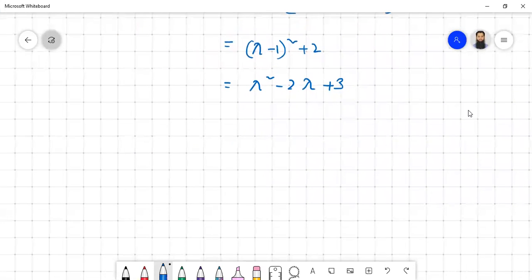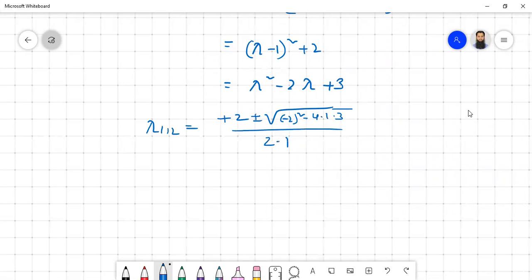Now applying the quadratic solution for lambda 1, 2, that is minus b plus minus root of b square minus 4ac divided by 2a, so basically 2 plus minus root of minus 8 by 2. So 4 can be taken away, basically 1 plus minus j root 2.